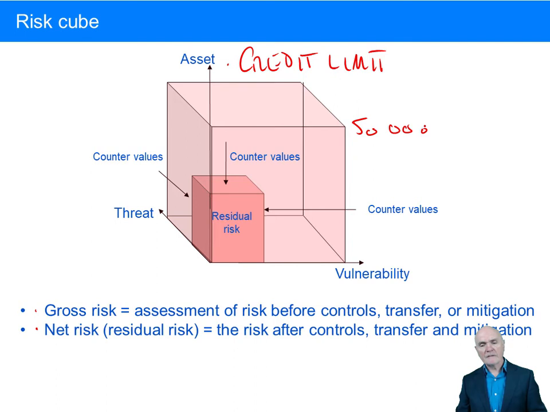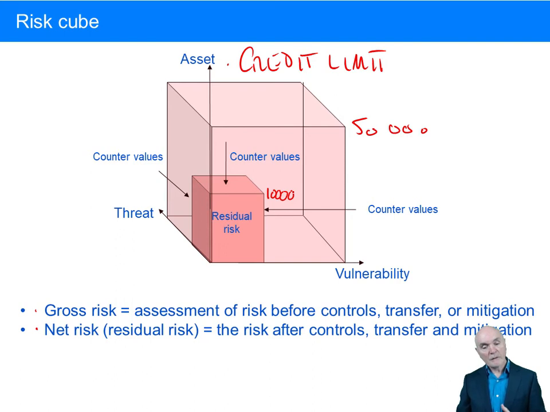Then you say, well, risking 50,000 is far too much asset at risk. Maybe I'll reduce the credit limit to only 10,000. So now the debt goes bad, I'm never going to lose 50,000 from one person. The maximum I'm going to lose is 10,000.